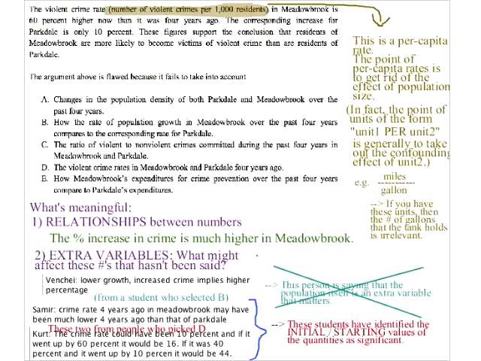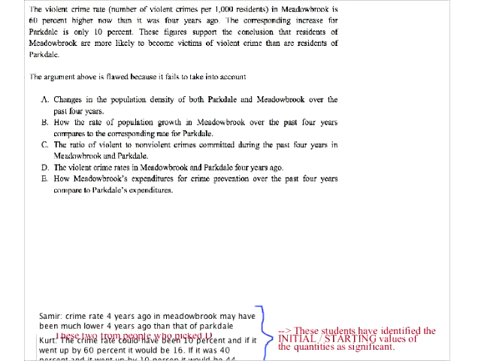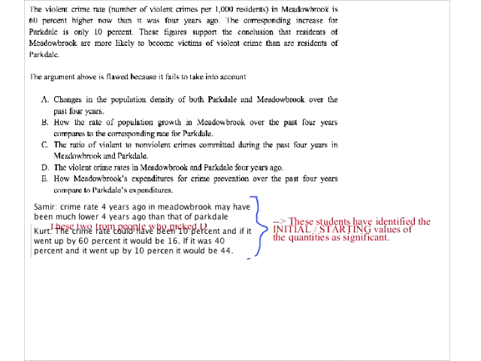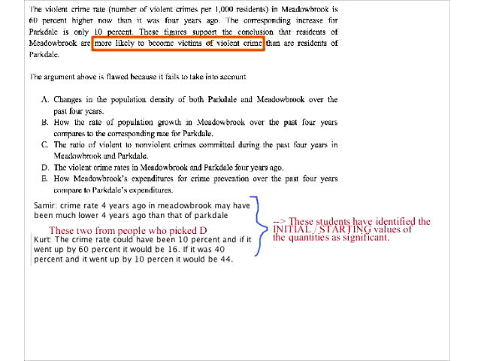Let's copy that again onto another slide. What these two people have said is that the initial values definitely matter, because we're just talking about percentage increases, but the percentage increase doesn't give us everything we need to know here. So what you also have to do is think about what units we're really talking about here.